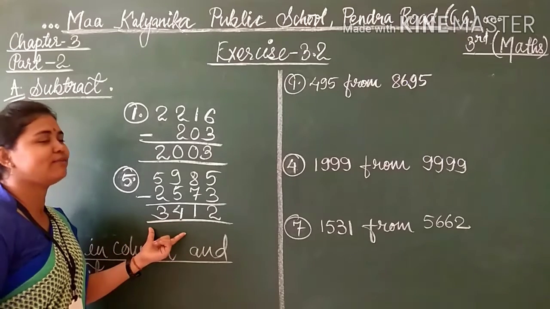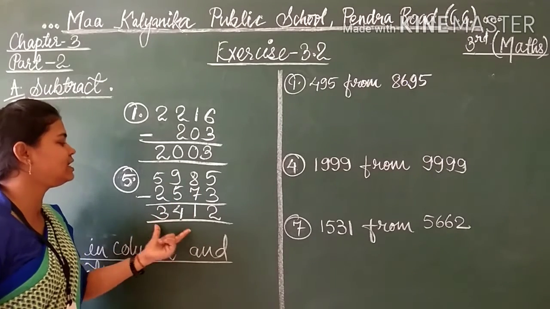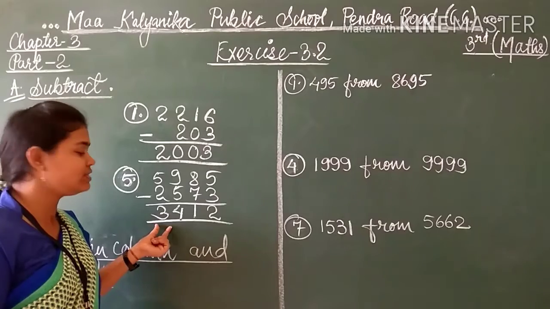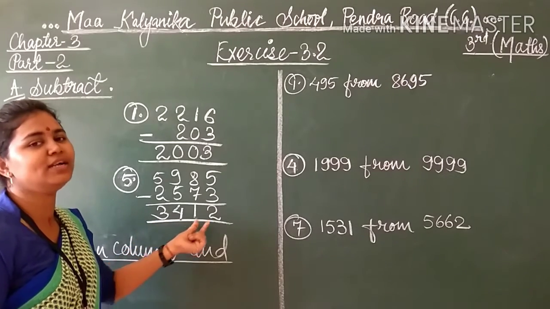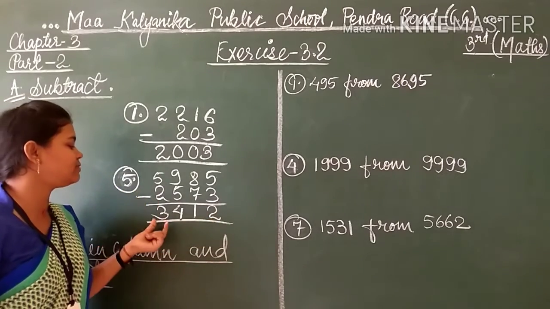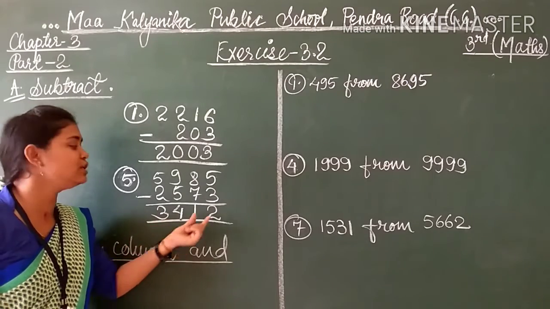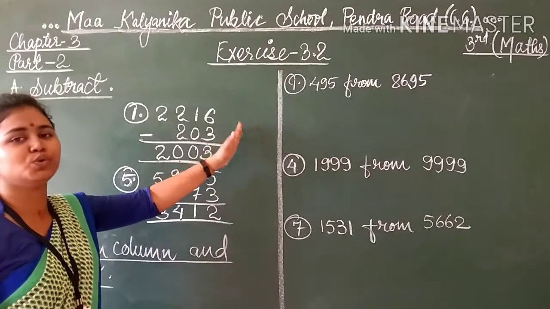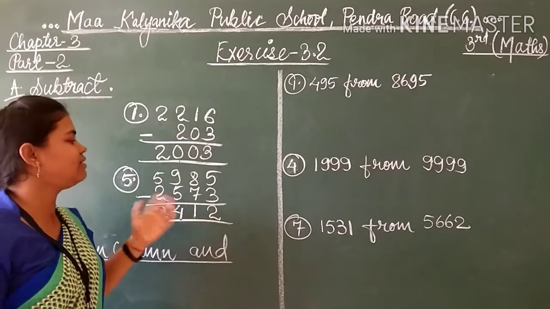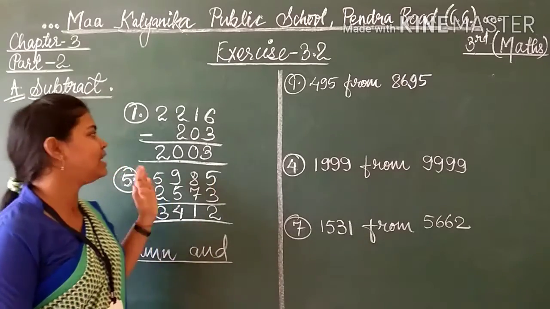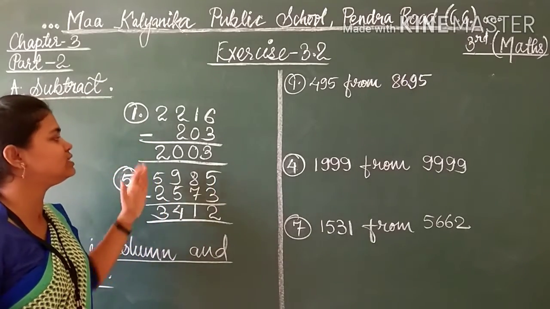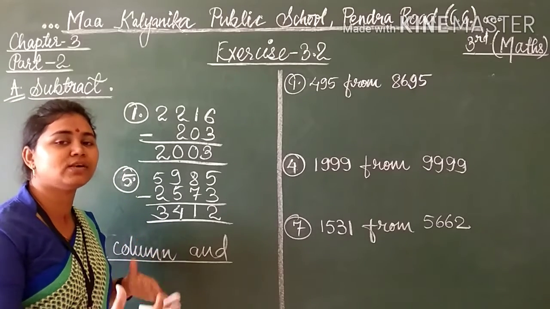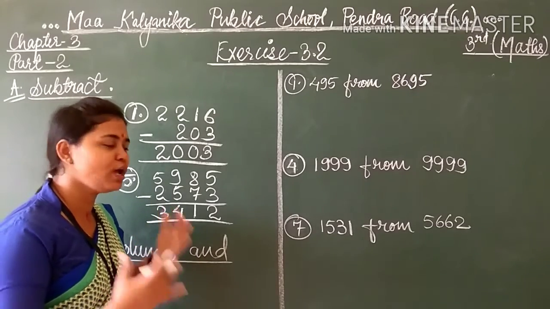So simply you have to subtract here, and in this way we have received the answer 3412. Yes students, answer of question number 5 is 3412. The rest of the questions 2, 3, 4 and after 5, 6, 7 and 8 are nearly equal to this.